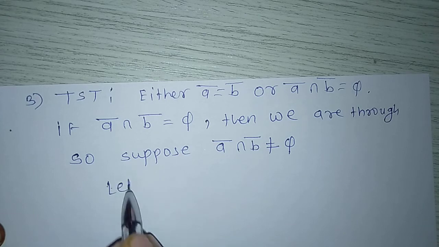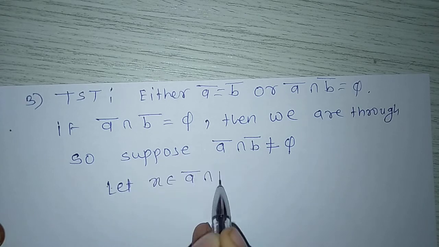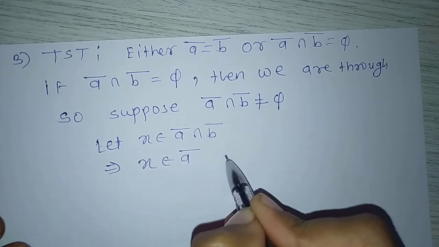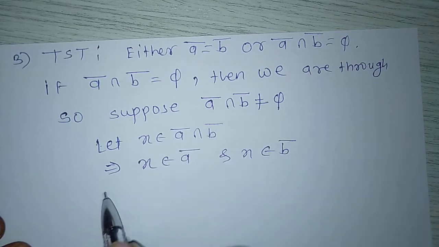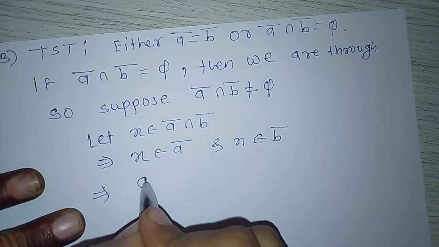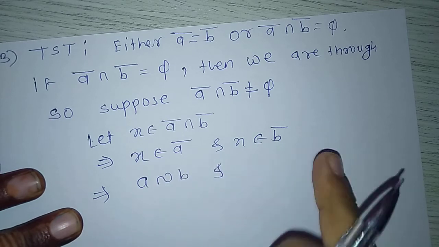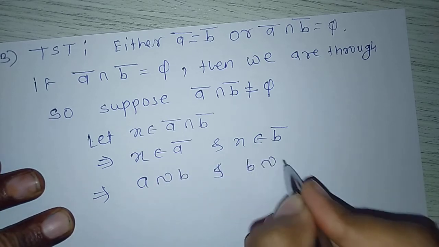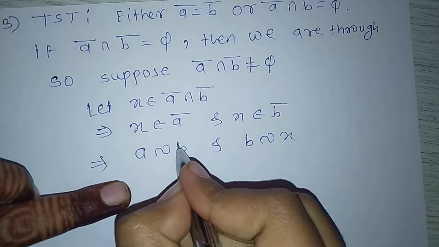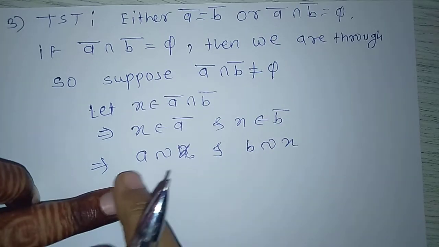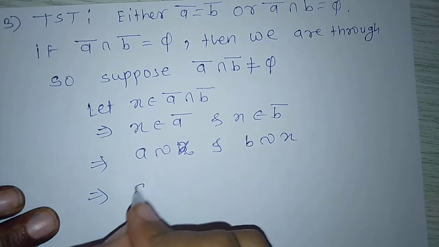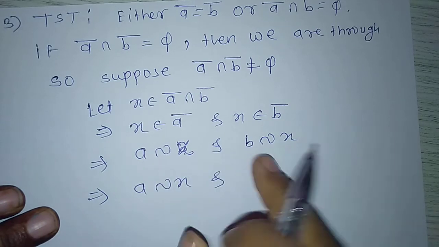Let x belong to A bar intersection B bar, which implies x belongs to A bar and x belongs to B bar. By the definition of equivalence class, x belongs to A bar means A relates to x, and x belongs to B bar means B relates to x. Sorry, not B here: A relates to x and B relates to x.